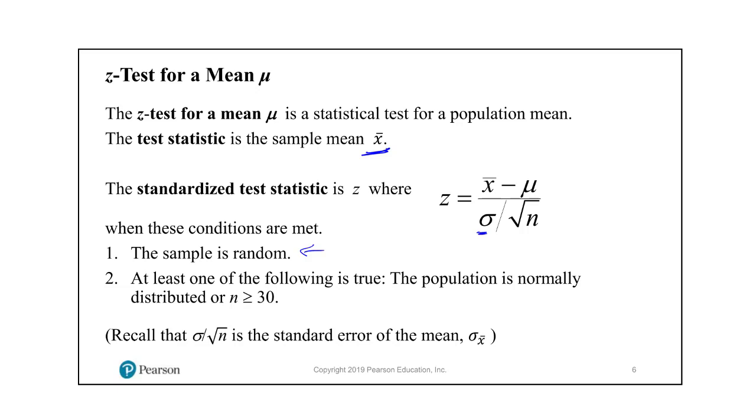Either the population is normally distributed or approximately normally distributed, or the sample size is at least 30. So we need one of those two things. And remember that this term in the denominator, that's the standard error of the mean, sigma x bar. So that's the standard error associated, the standard deviation associated with the sampling distribution.